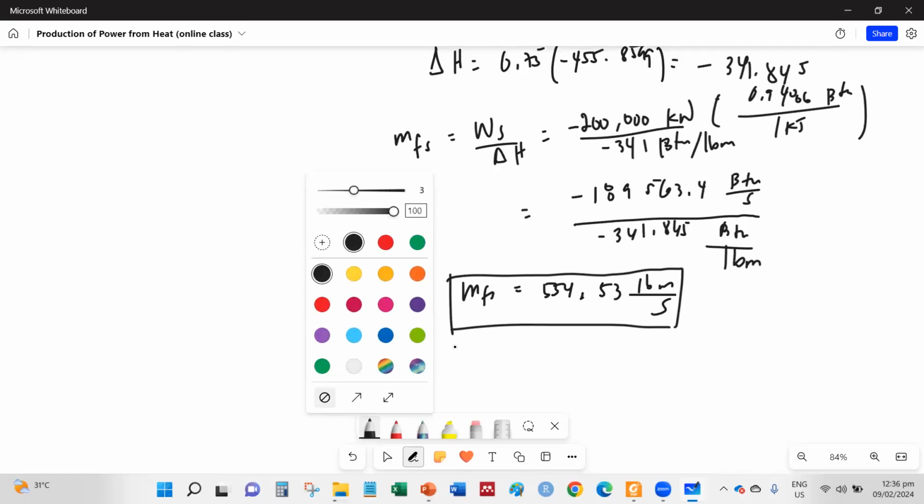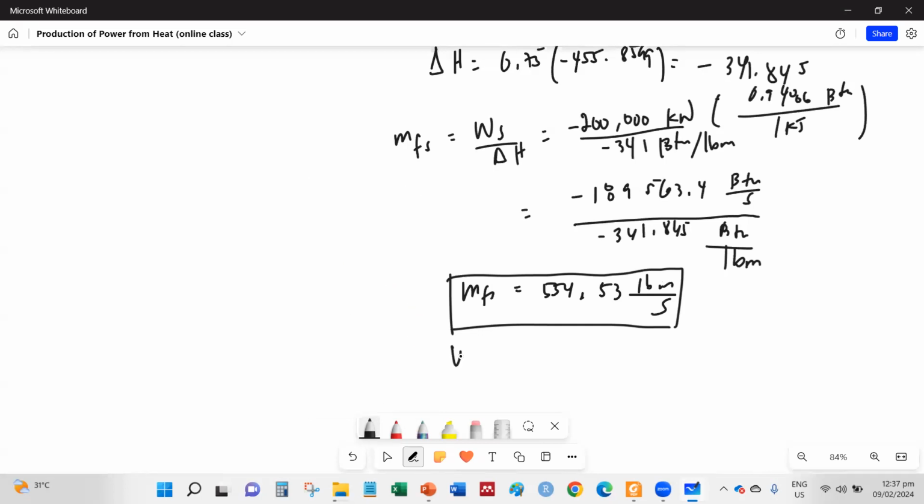So in the turbine, diba, if you remember, this is the equation for the turbine, delta H is H3 minus H2. But we know delta H, we have a value negative 341, and we know H2.